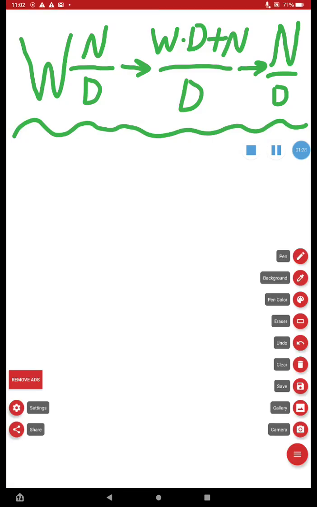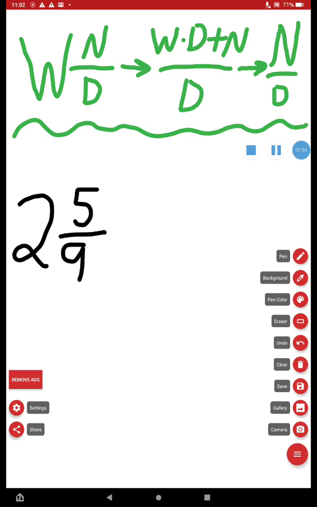Today we're going to take a look at this example where I have 2 and 5/9. I'm going to change that to an improper fraction. Okay, follow the same protocol as above. 9 stays there. That's easy. Okay, so remember, your denominator is always going to stay the same today. Don't change the denominator today.